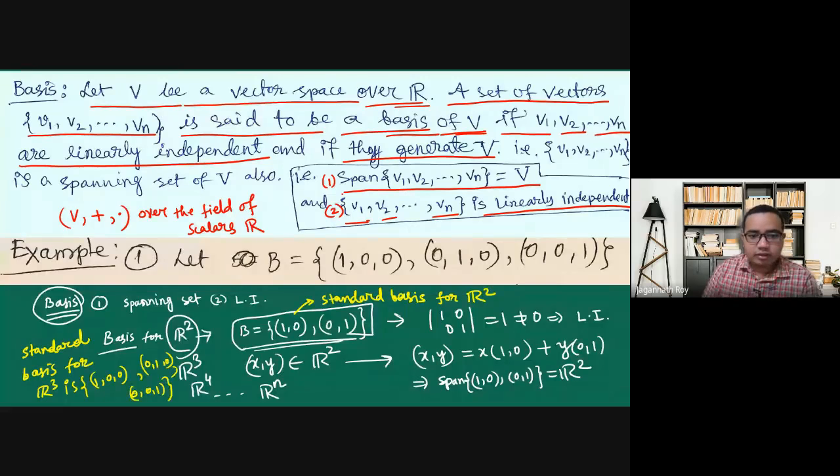Similarly, we can define it for R4 and R5. Now, why are we calling it a standard basis? Because a vector space V can have more than one basis. We'll see in the next example.